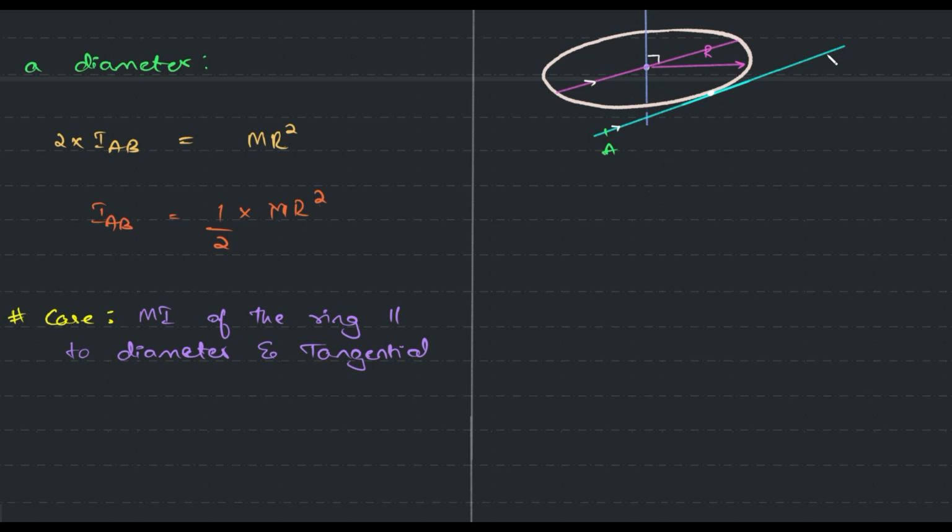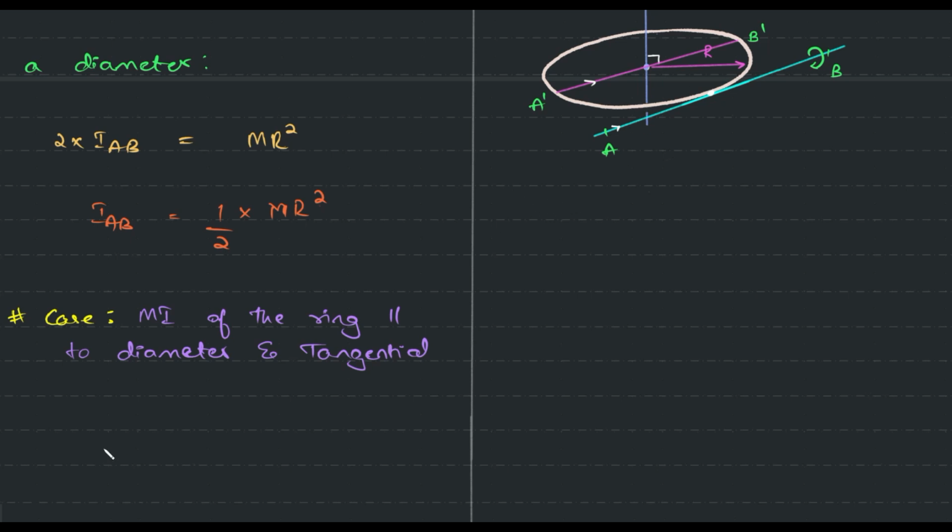Then we have AB, and then we have A dash B dash. So this is the case. Basically we are rotating in this manner. If I rotate it very fast, it will form almost a donut shape. I mean, it's almost closed actually.